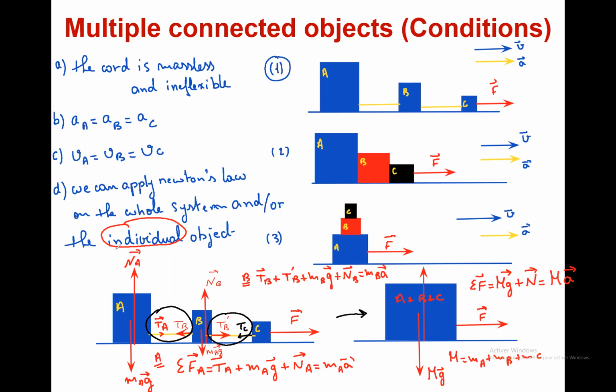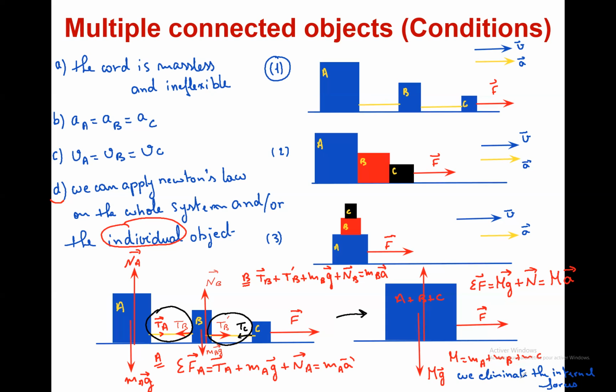So we can add to condition C one point: we have to eliminate the internal forces when we take the whole system. It's very important, this point.